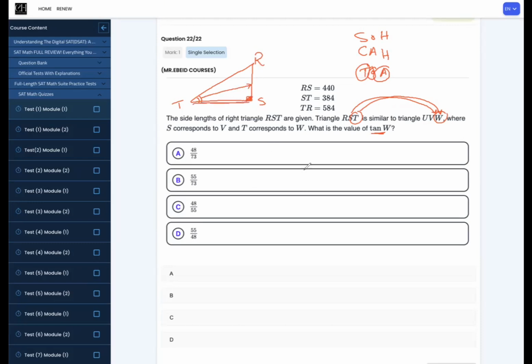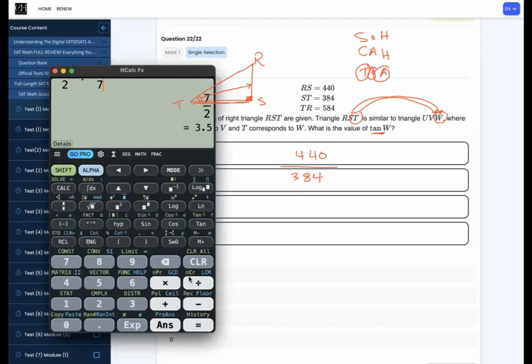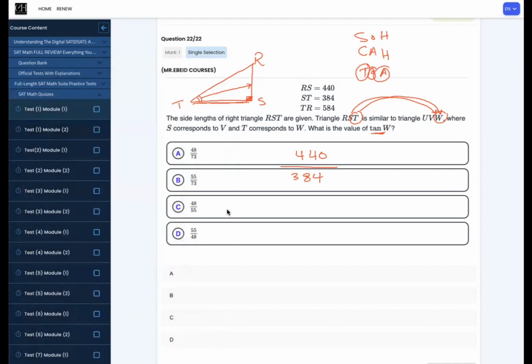So it will be RS, which equals 440, over ST, which equals 384. I think now we need to use the calculator. Just put 440 over 384. It will be 55 over 48. So the answer is D.